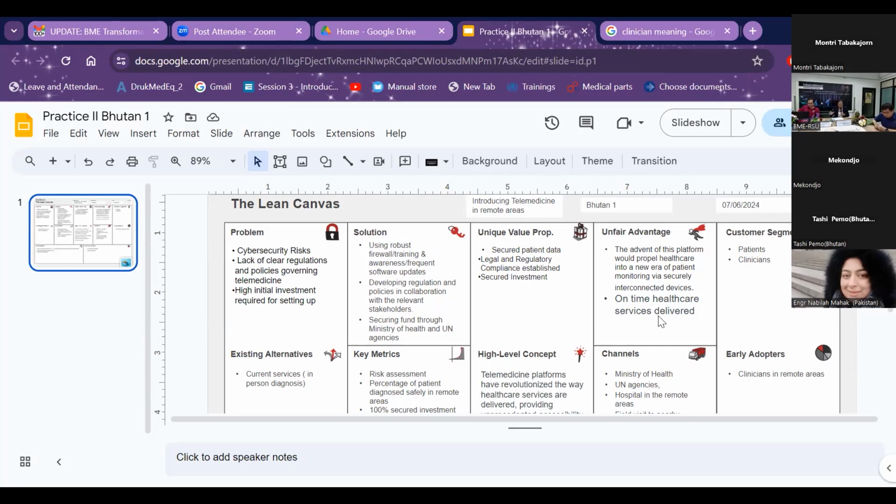But I have a question: in your country, do you have any standard about telemedicine or not? Apparently, there is no standard regarding requirements.